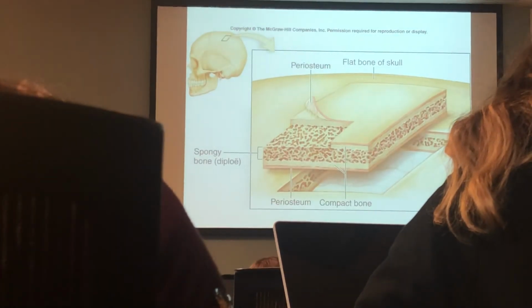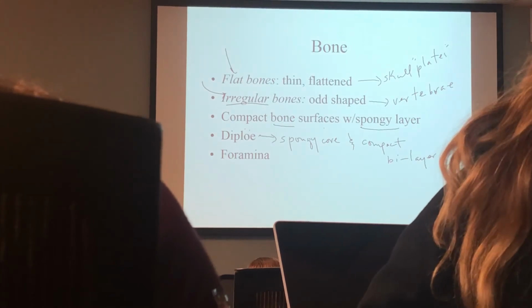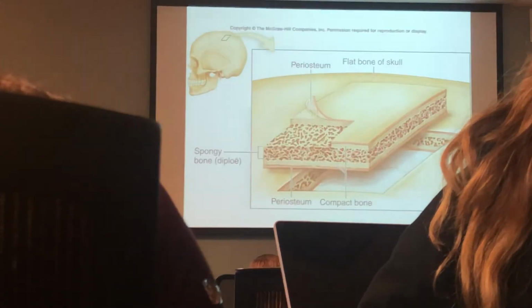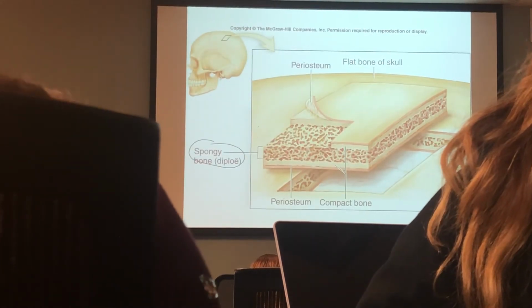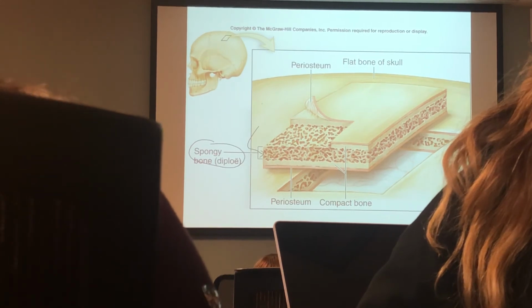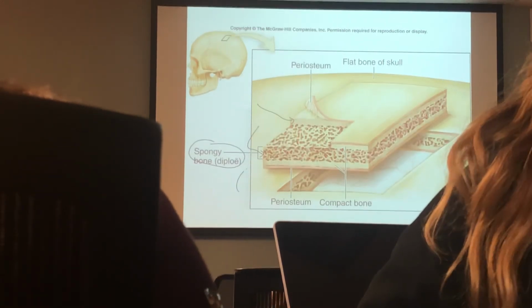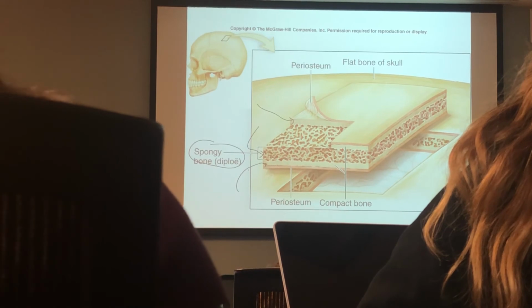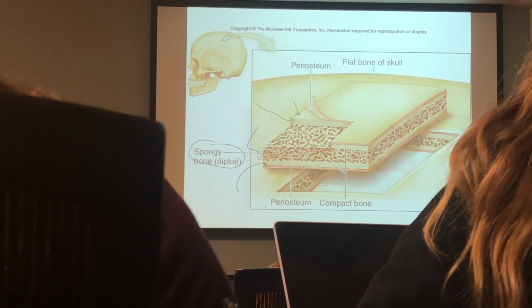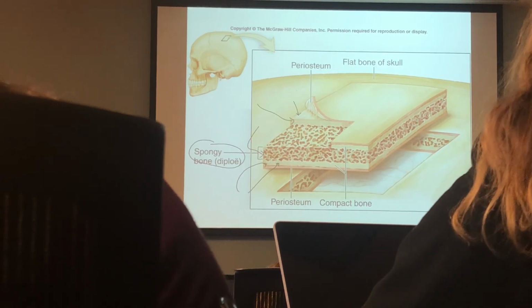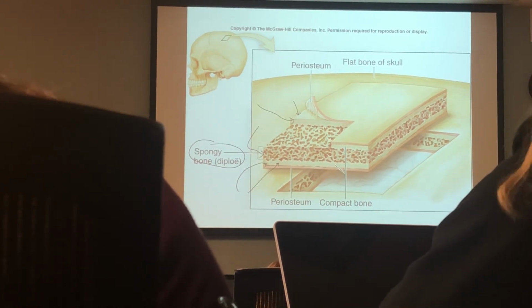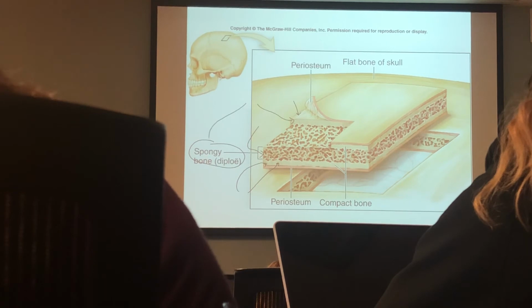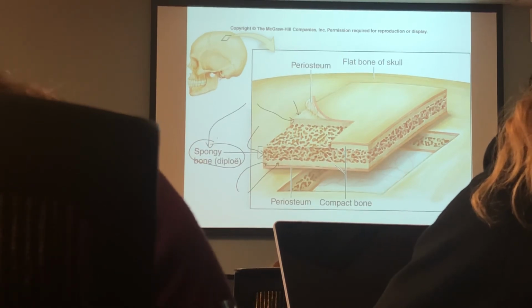Let me show you a picture. So here's a diploid right here. Spongy at the core, and you have a compact bilayer. Think of it as a sandwich. Compact outer, compact inner, right? Compact bone outside, compact bone on the inner part, and in the center you have spongy bone texture, okay?